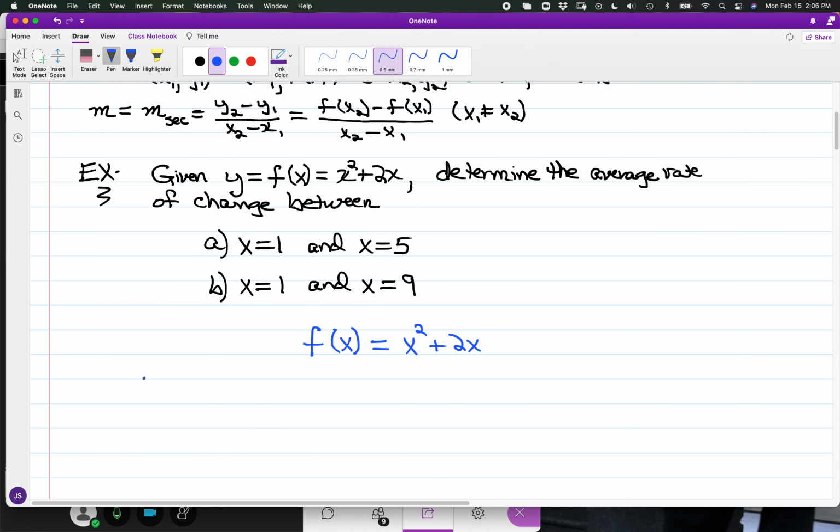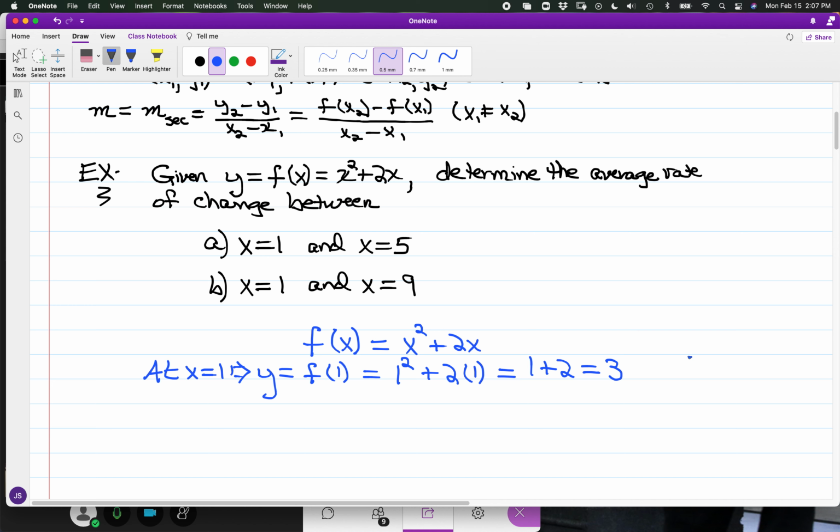If I start out from x equals 1, then y is equal to f of 1, which is 1 squared plus 2 times 1. So we have 1 plus 2, which is equal to 3.